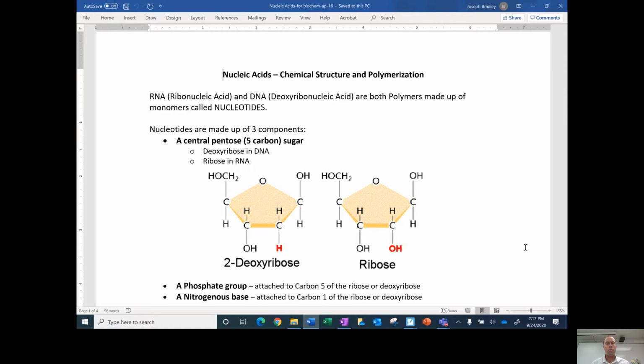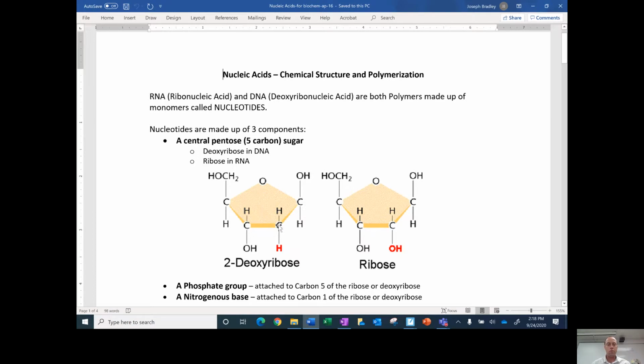And they're both made up of monomers called nucleotides. A nucleotide has 3 components: a pentose sugar, that's either deoxyribose or ribose. If you remember from when we learned about carbohydrates, the top oxygen of the ring is what you use as your basis to then count the carbons.